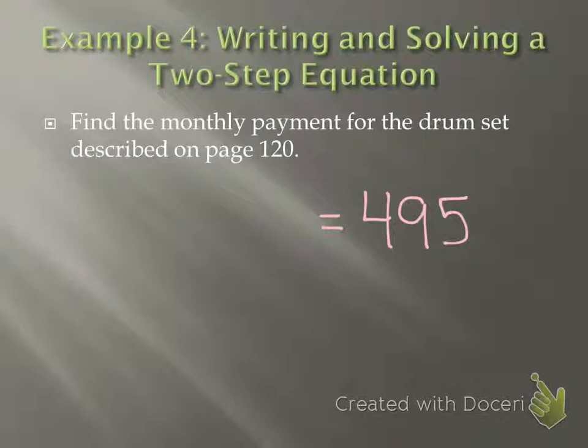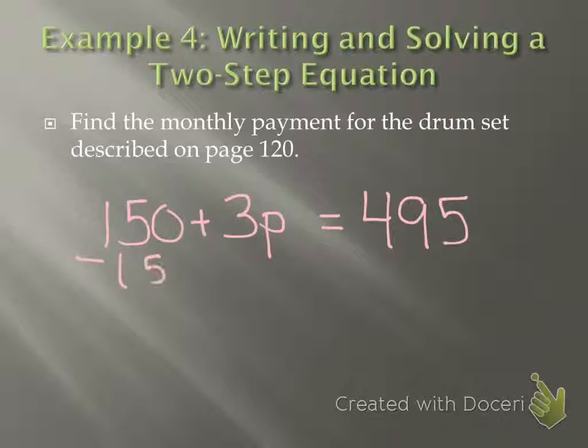It says that I made a down payment of how much money? $150. And then I also am going to pay the rest of it in how many equal payments? 3. So I paid $150 down. That plus 3 equal payments, I don't know how much it is, will give me the $495.